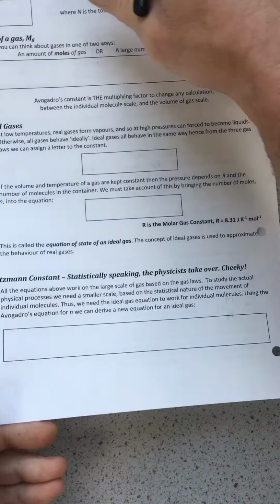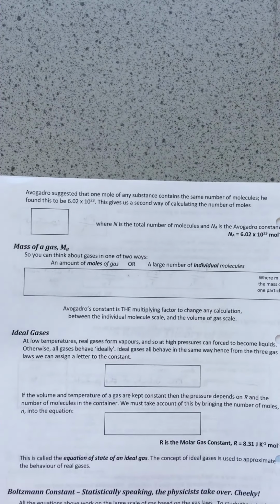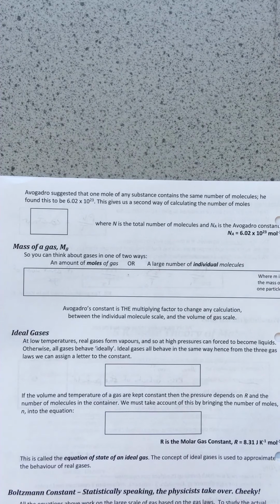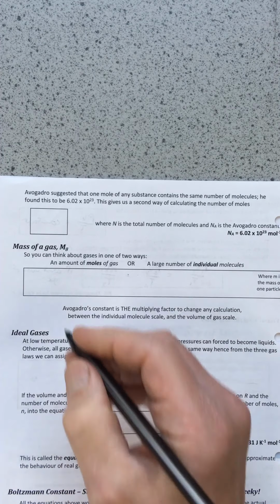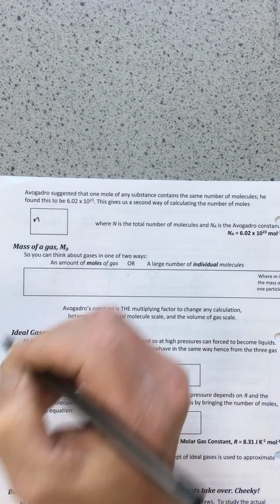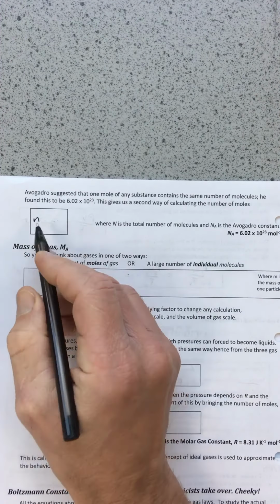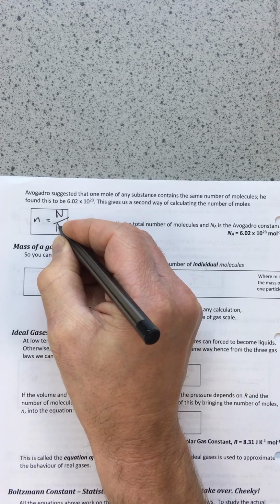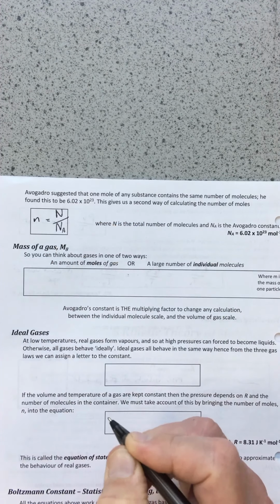Now, what Avogadro cleverly did early on is he suggested it was to do with molecules, so that's where he came up with this number, and so we can look at n in a different way, same little n, but it is the total number of particles divided by the number of particles in a mole.